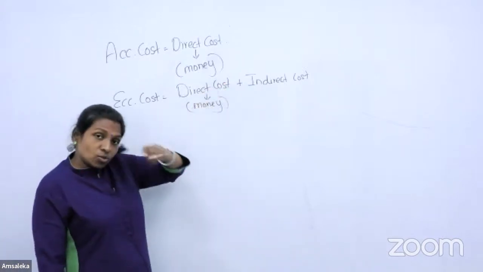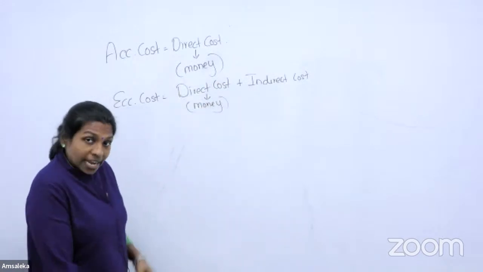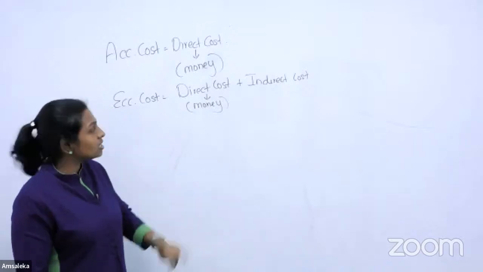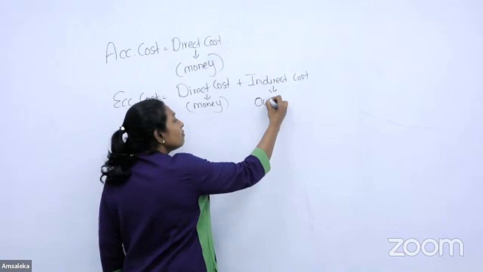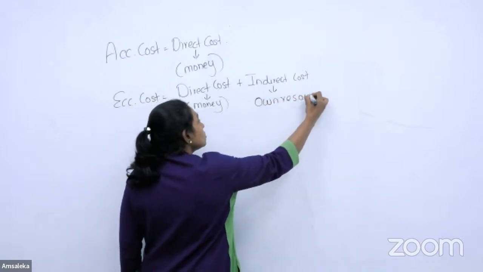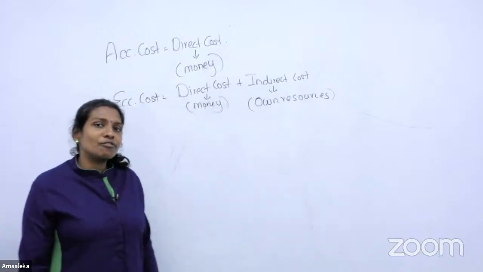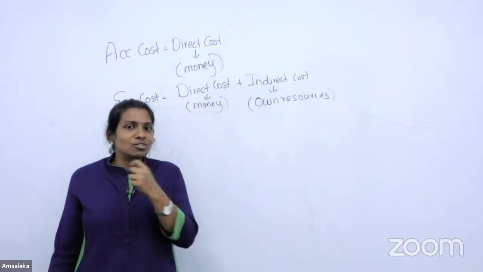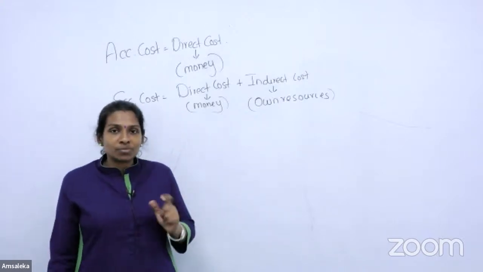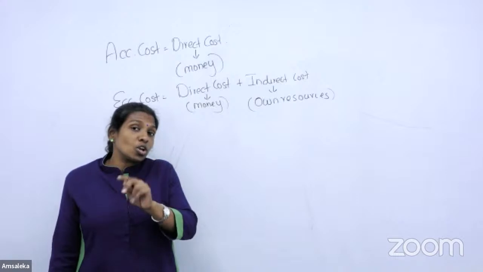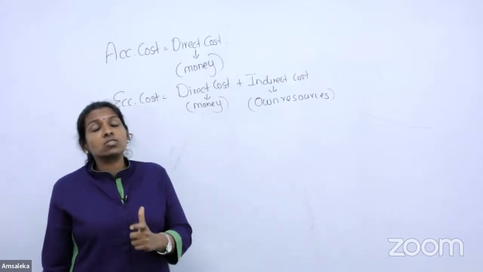Anything about money you spend to purchase input is direct cost, money forgone. Indirect cost is when you sacrifice your own resources. You don't think of it directly, but indirectly you should feel it. That's what economics is, a very good subject you learn deeply. When you do something, you do not worry only about money; the sacrifice of our own resources is also taken.